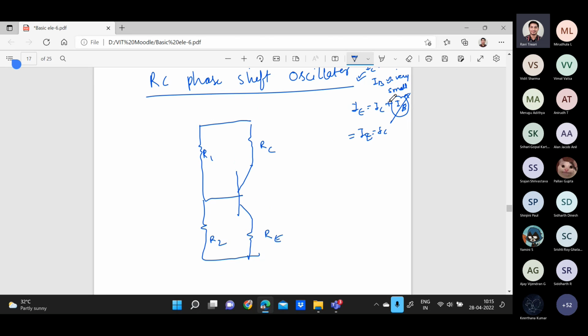First, I'm telling you what is the meaning of this oscillator. Oscillator is a circuit which generates the sinusoidal output without giving any signal. But for the amplifier, we require DC input, for example, suppose I am taking 10 volt.